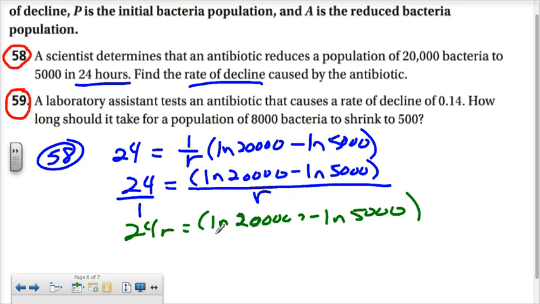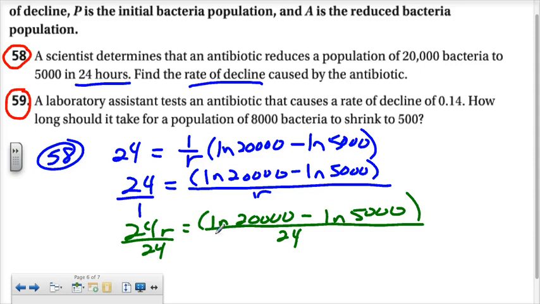Natural log of 20,000 minus the natural log of 5,000. We're going to divide both sides by 24 to get r all by itself. And really, at this point, we kind of see what's going on, but we can go ahead and punch it all in.